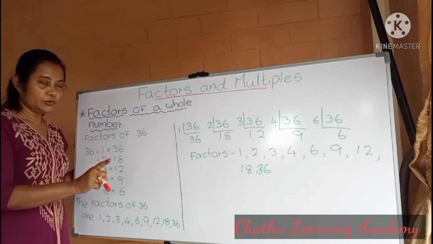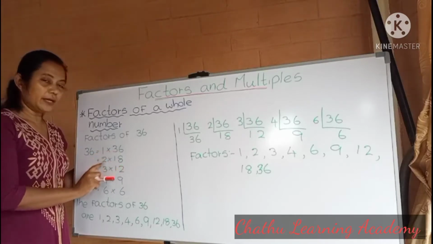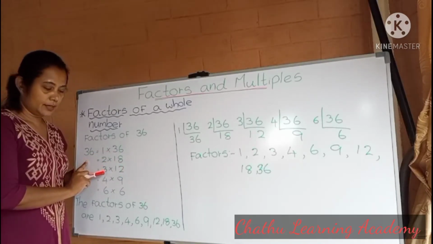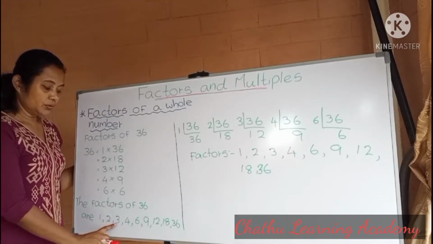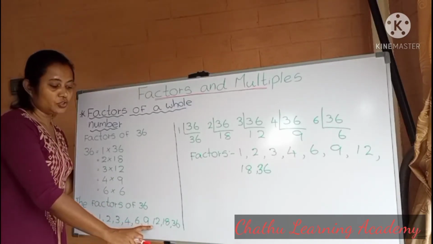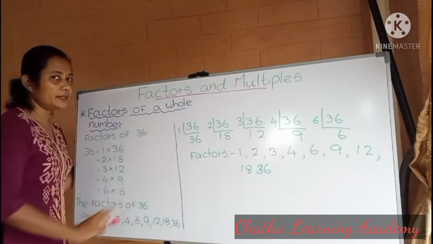According to that rule, these are the factors of 36: 1, 2, 3, 4, 6, 9, 12, 18 and 36.